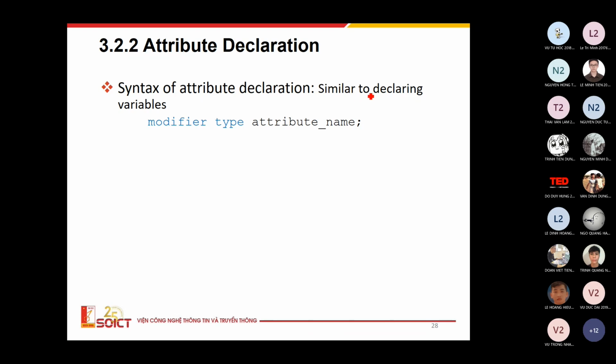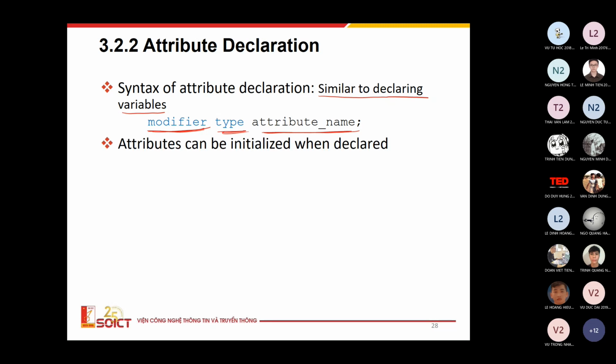So you will use a declaration similar to declaring a variable: the type and then the name of the attribute. But now you have to add the modifier for this attribute.